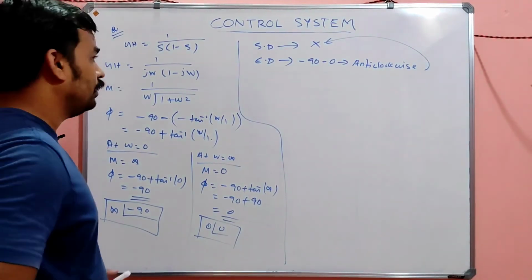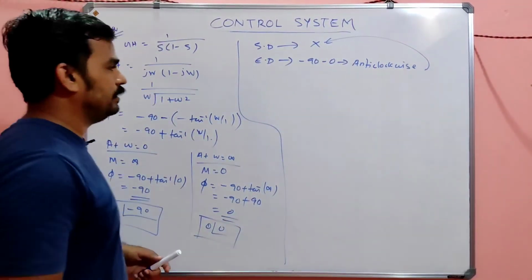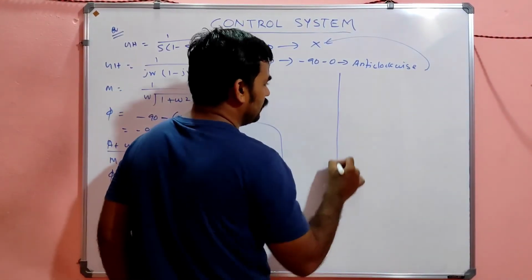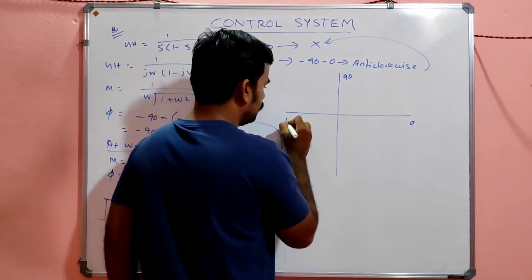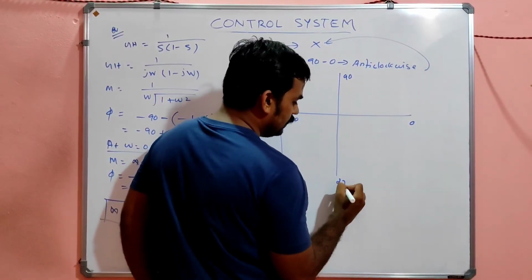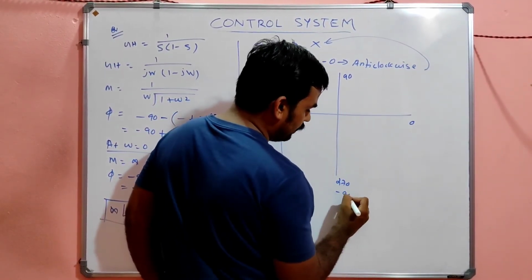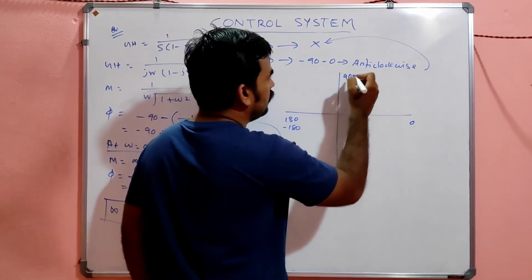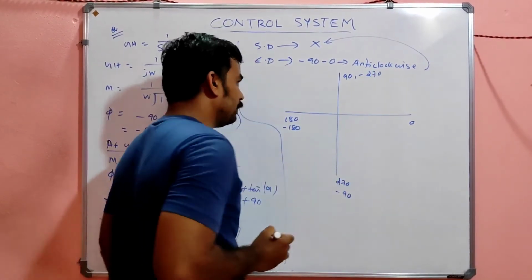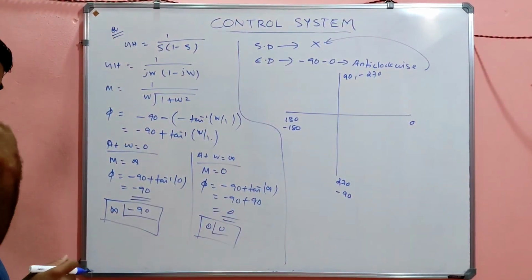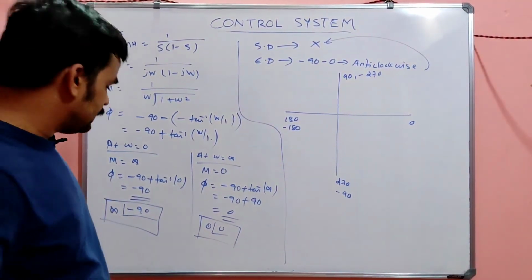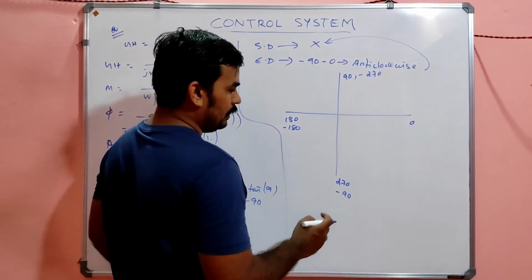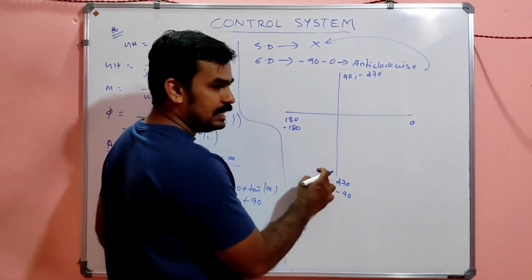Okay. So the ending direction and starting direction you got. What will be the plot? 0, 90, 180, 270. 0, minus 90, minus 180, minus 270. Very good. And see, infinity angle minus 90, I have to start there, and both are anti-clockwise.